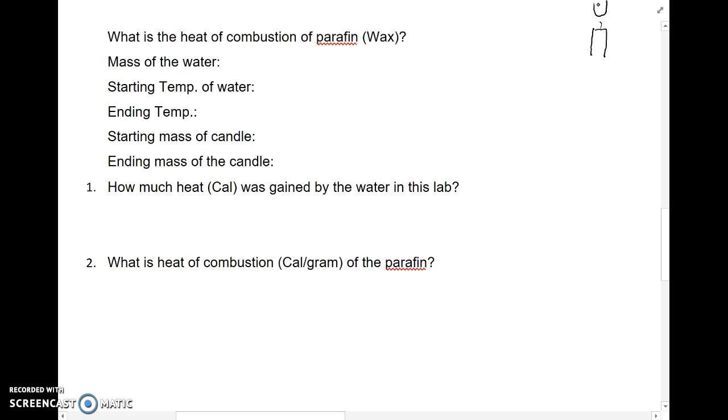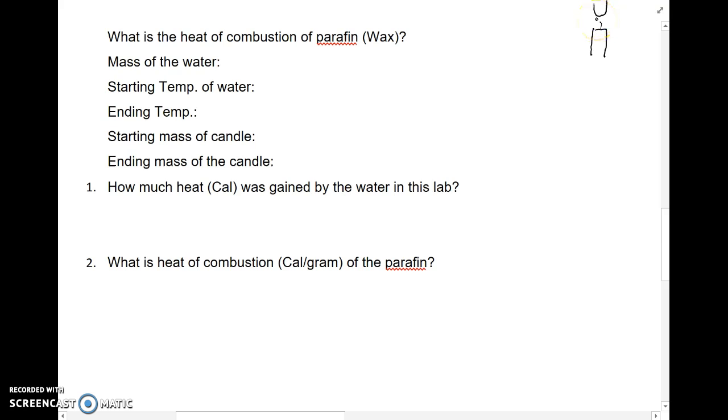I could then plug those values into my specific heat equation and calculate how much heat energy was gained by the water. So this would be a perfect calorimeter. All of the heat would either transfer into the water or would be accounted for somewhere else.